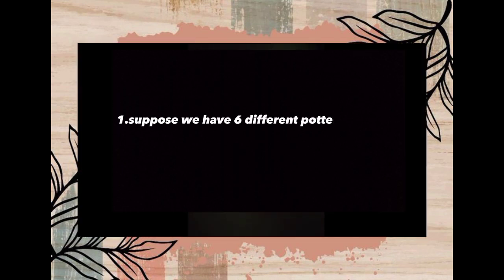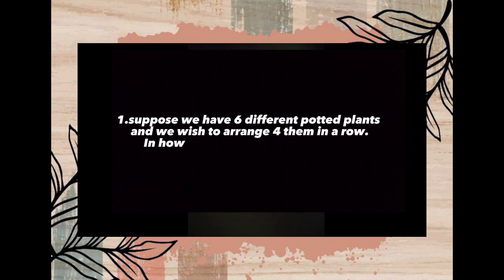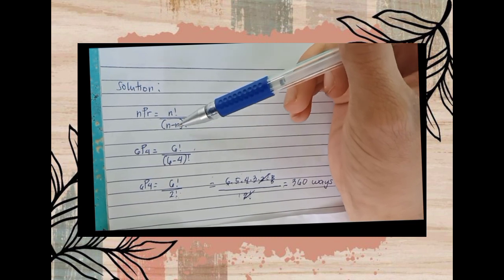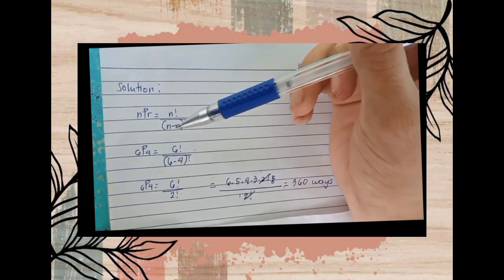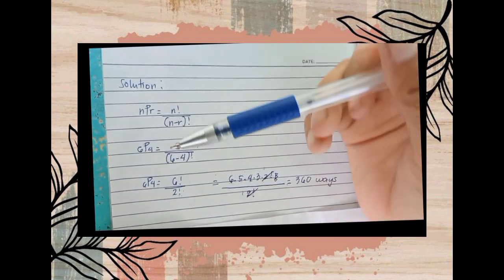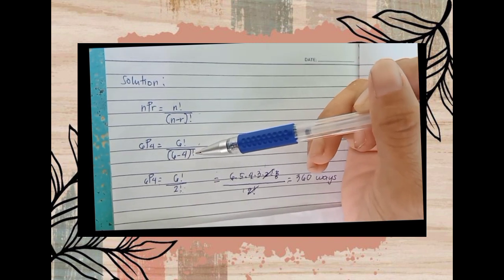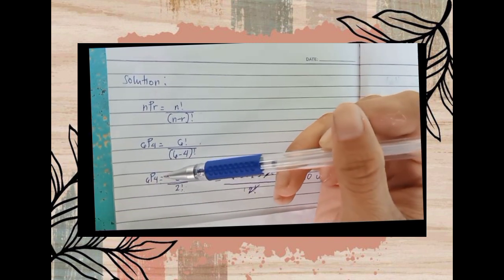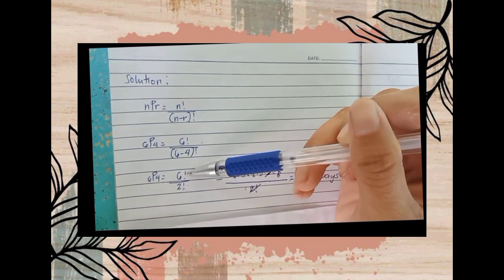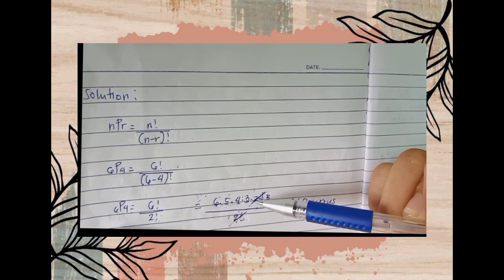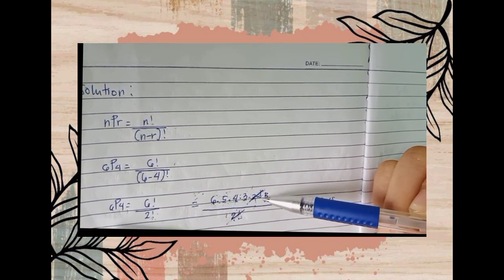Suppose we have 6 different potted plants and we wish to arrange them in a row. In how many ways can this be done? nPr equals n factorial over n minus r factorial. 6P4 equals 6 factorial over 6 minus 4 factorial. 6P4 equals 6 factorial over 2 factorial, which is 6 times 5 times 4 times 3 times 2 factorial over 2 factorial.